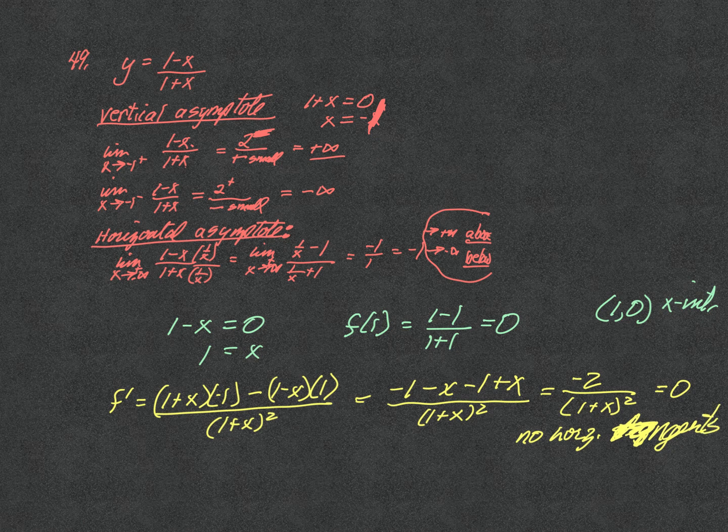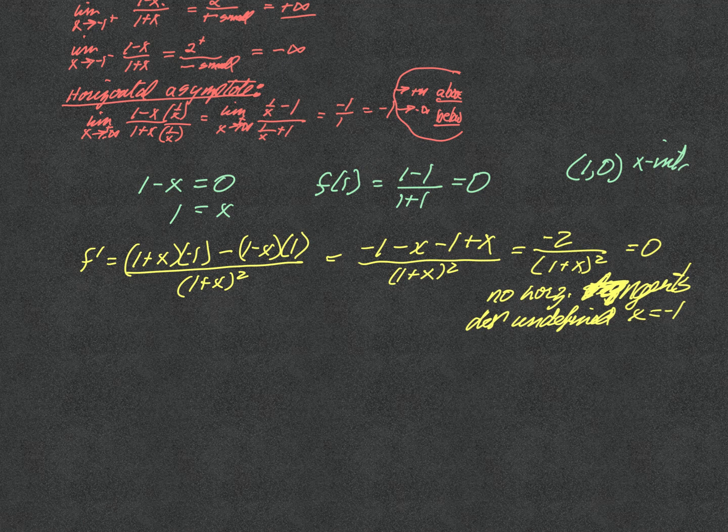However, the derivative is undefined at x equals negative 1. So negative 1 is a critical point that we need to check for increasing and decreasing. Okay? So I will do that in a minute.